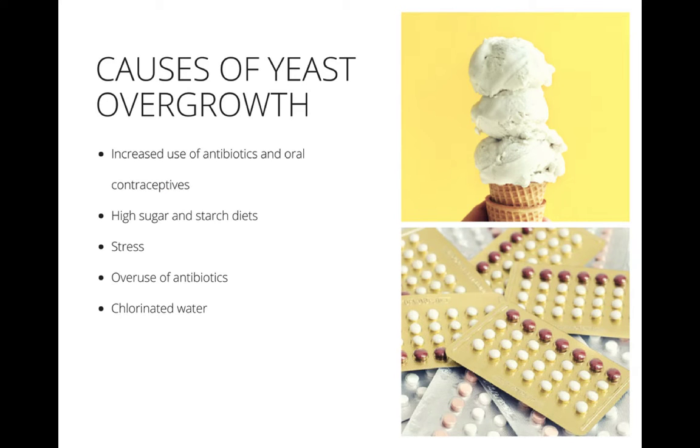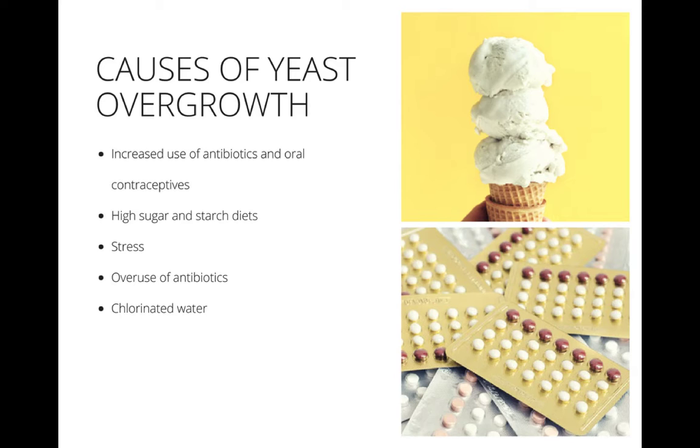Causes of yeast overgrowth: using antibiotics or oral contraceptives can cause yeast to grow. Having a lot of sugar and a lot of starch can also cause yeast to grow, since the yeast feed off of the sugar. Being stressed lowers your immune system, which gives an opportunity for the yeast to overgrow.